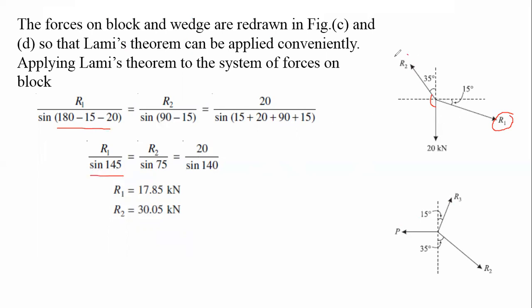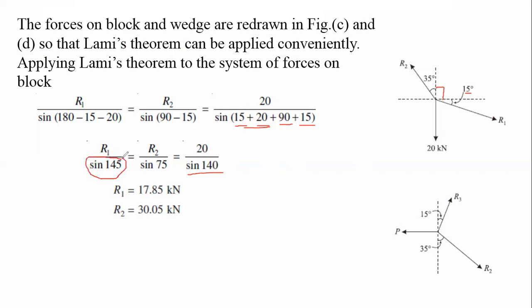Now here R2 divided by sine of the angle between the other two forces: out of this 90, if you subtract this 15, you will get 75, sine 75. And for this 20 Newton force, the angle between the other two forces is 35 plus 90 plus 15, it becomes sine 140.